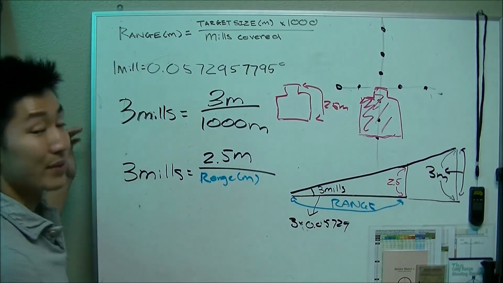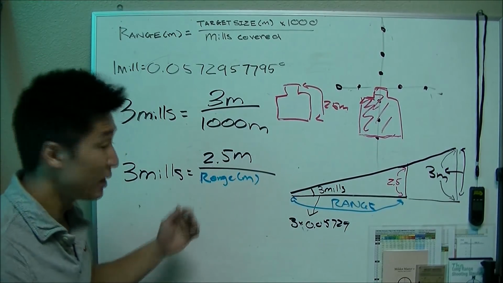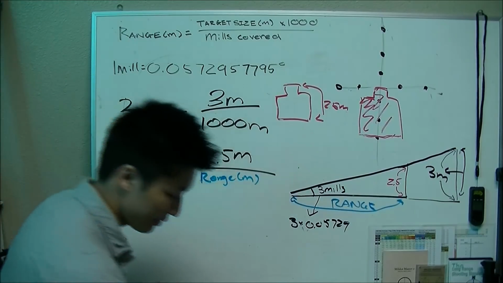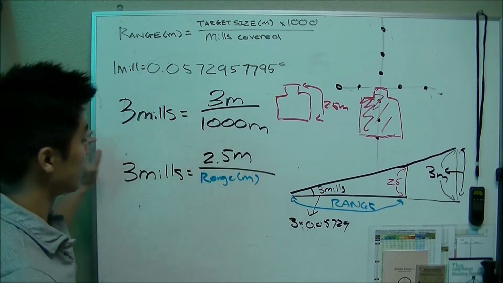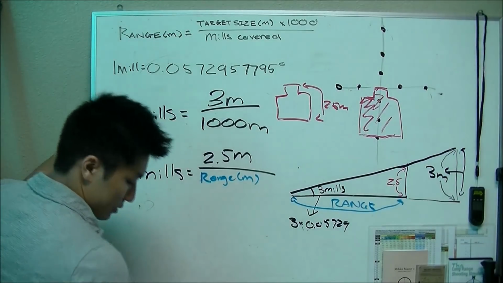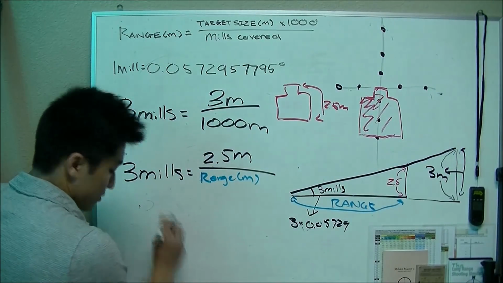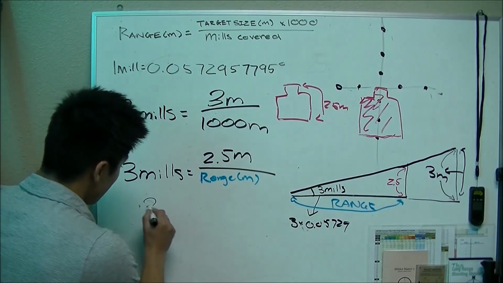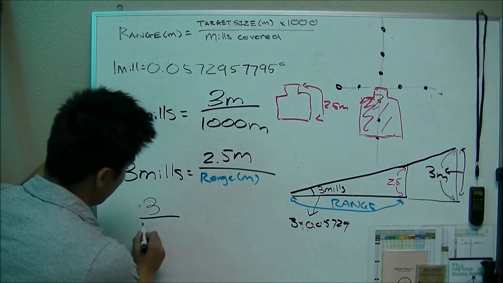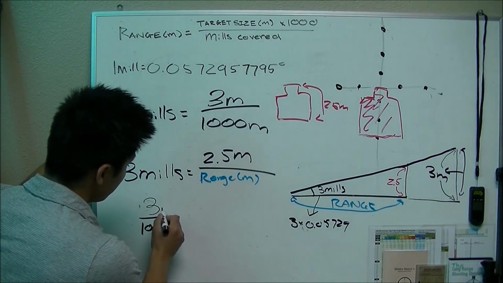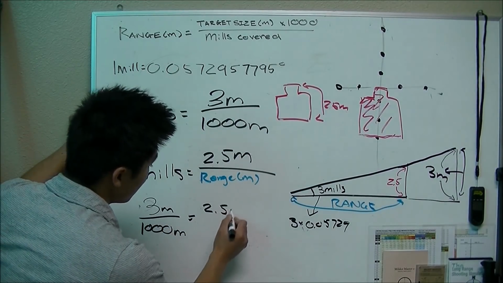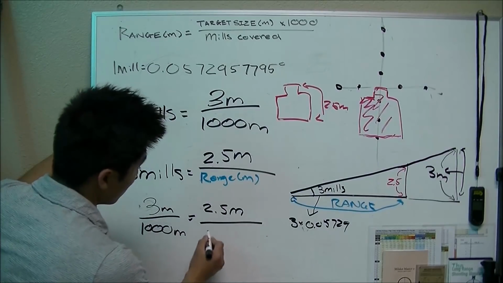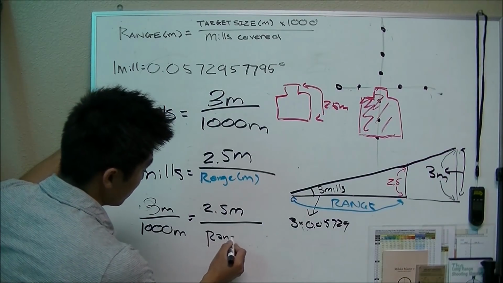And so here we go again. We have a linear relationship of 3 mills and 3 mills. That way we could equalize this equation to be the same. Three over 1,000 equals 2.5 over range.